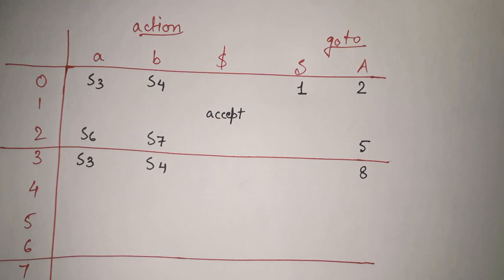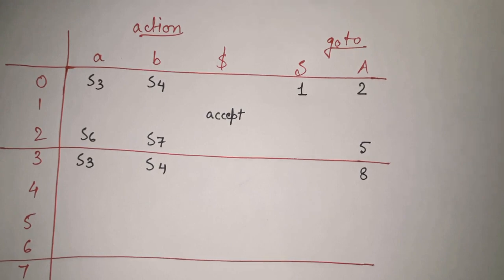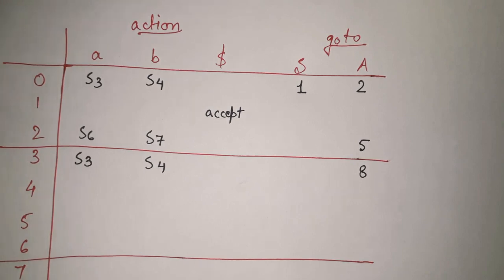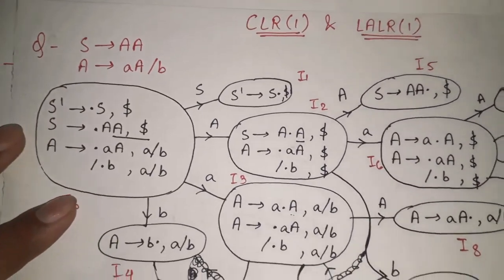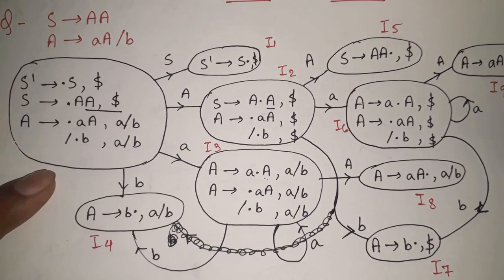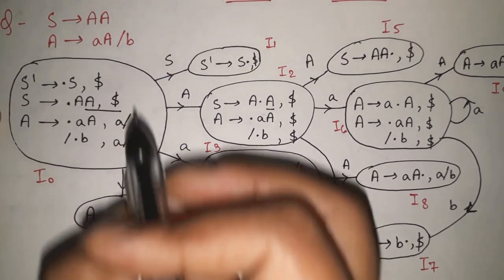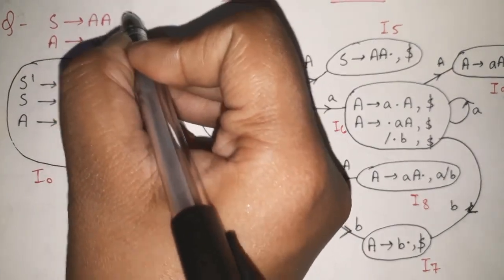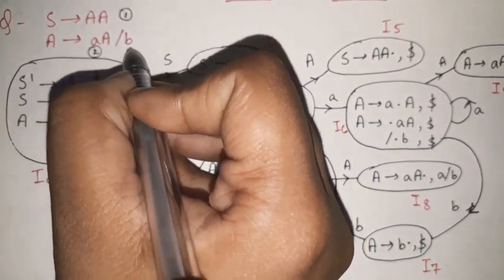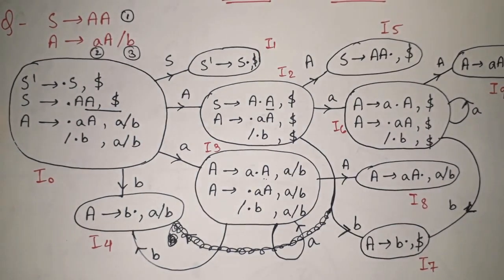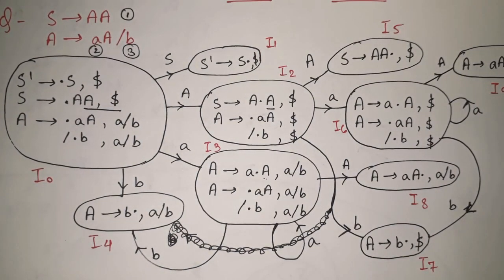Okay. Now fourth, I4. What is I4? I4 is A gives B dot. That is my reduction state. Now let's name our productions. Let it name as 1, let it name as 2, let it name as 3. Because as you know we have to place our reduction moves along with the number R1, R2, R3 like that.